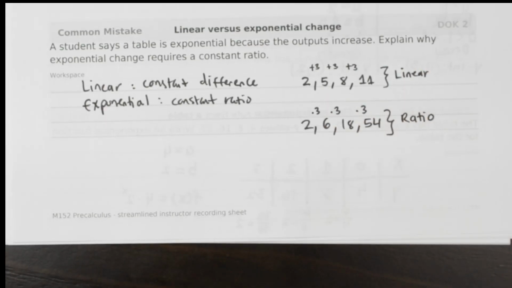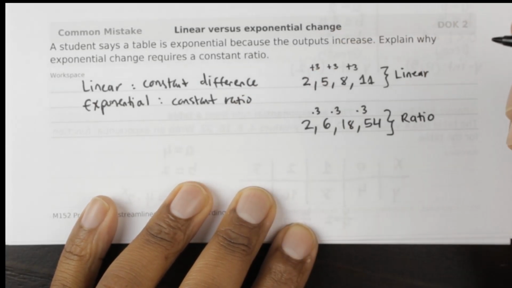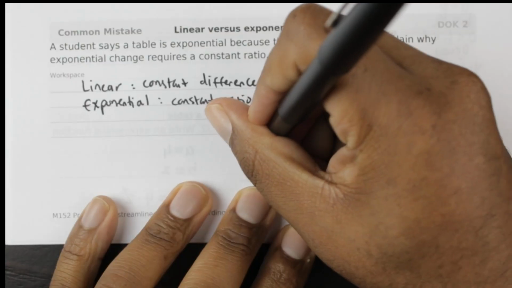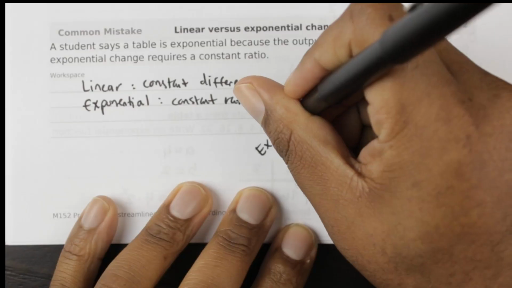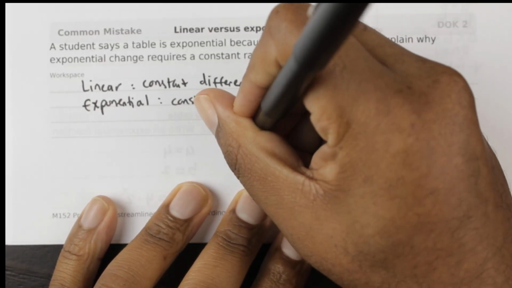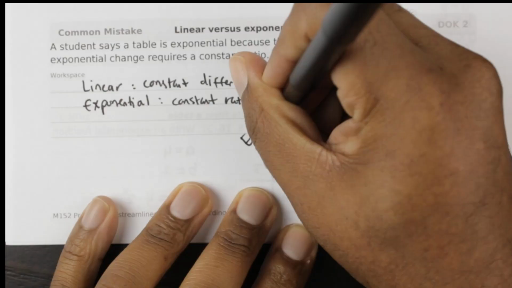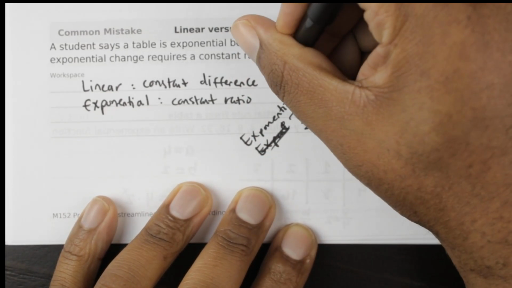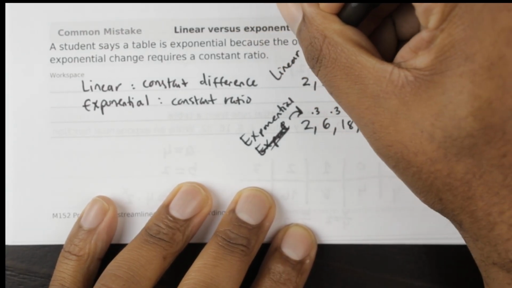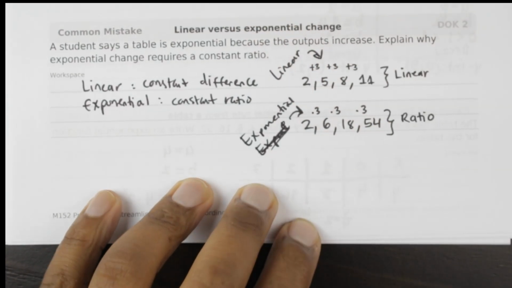A table is exponential only when the outputs are multiplied by the same number each time. Okay. When it's multiplied, that's different from a difference in addition. Okay.